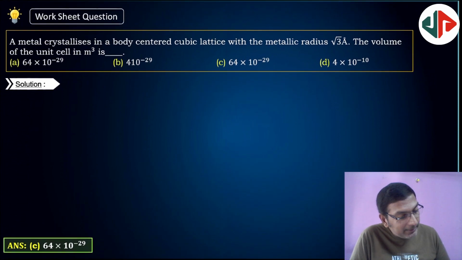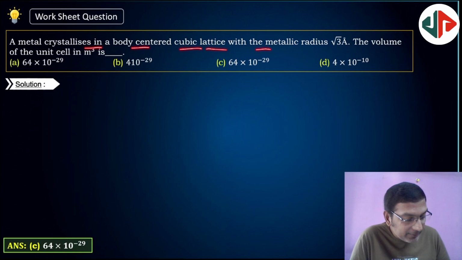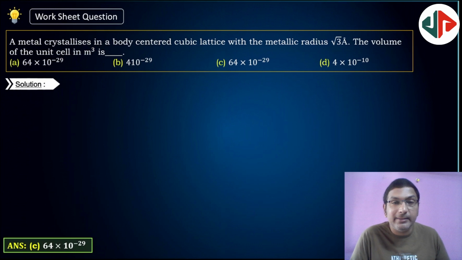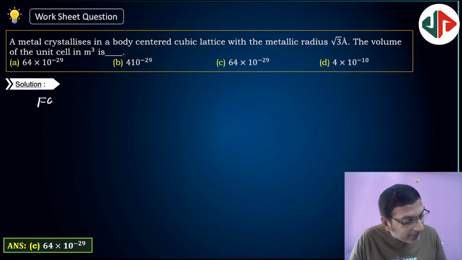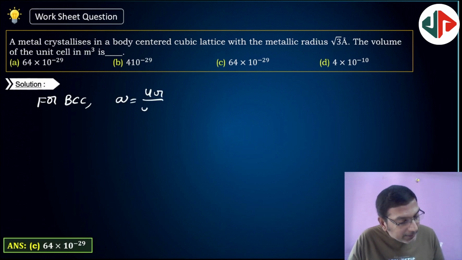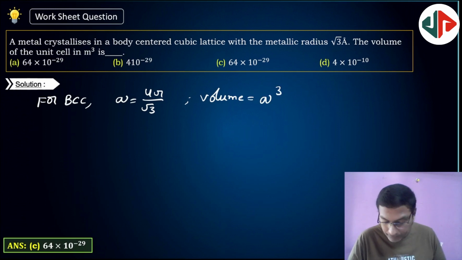A metal crystallizes in body-centered cubic with metallic radius root 3 angstrom units. Volume of unit cell is. So this is very important. Body-centered cubic is given. For body-centered cubic, A equal to 4R by root 3 and volume equal to A cube, we know.